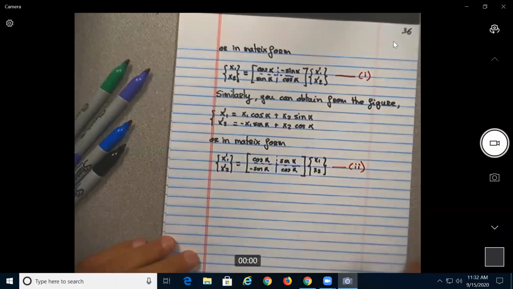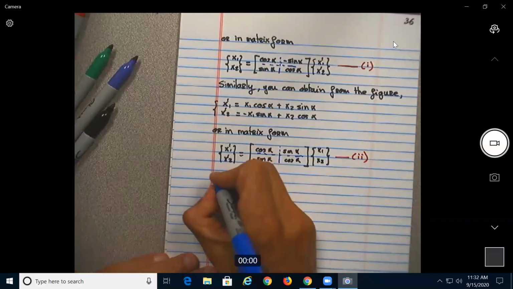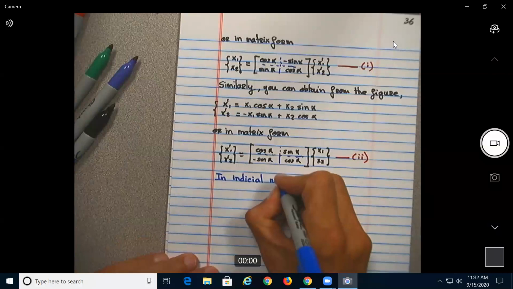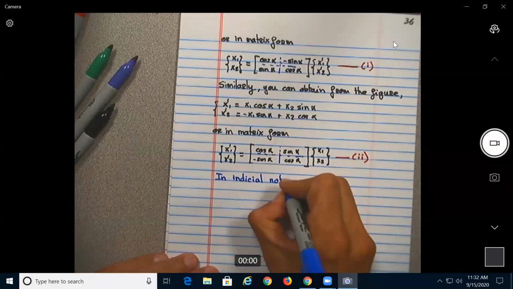So in index notation, which is what we're interested in, we'll have what?